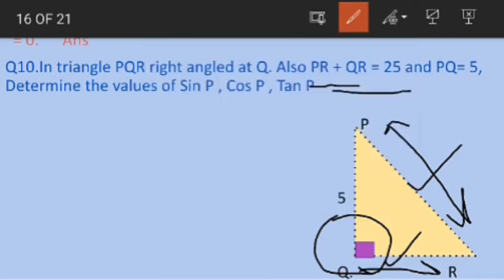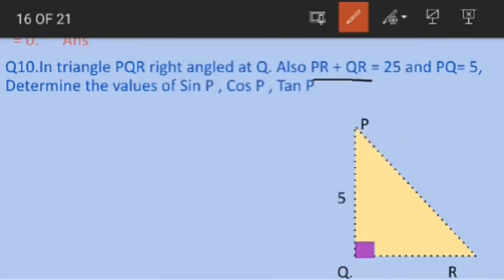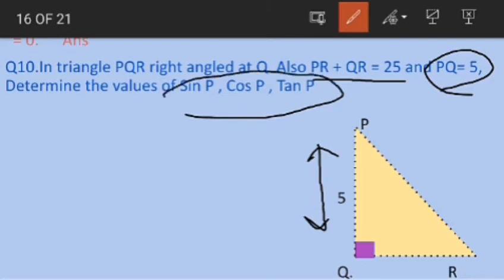As you can see, we are given that PR plus QR equals 25, and PQ is given to be 5. So class, first of all we need to separate out all the sides, and then we have to calculate the values of sin P, cos P, tan P. So we need to find the remaining two sides, and then we have to calculate sin P, cos P, tan P.